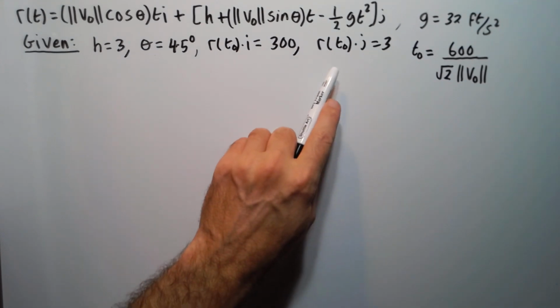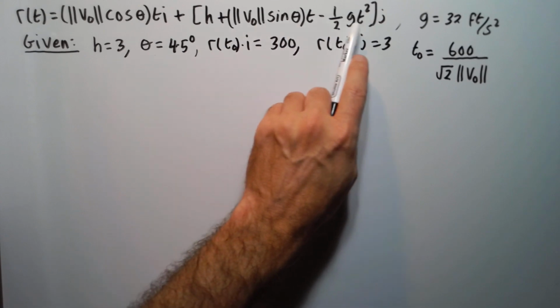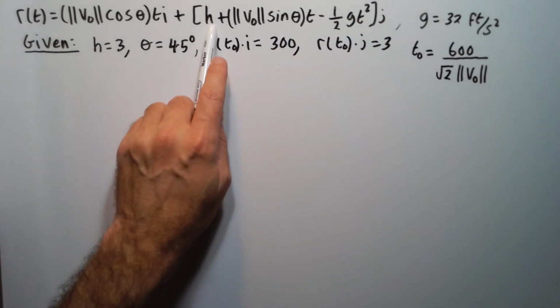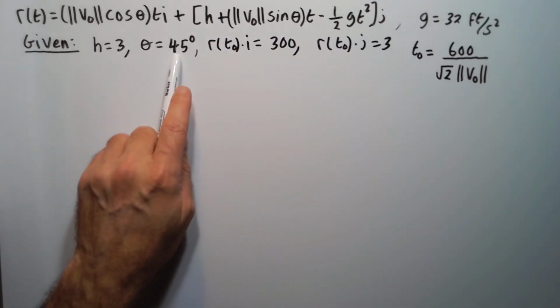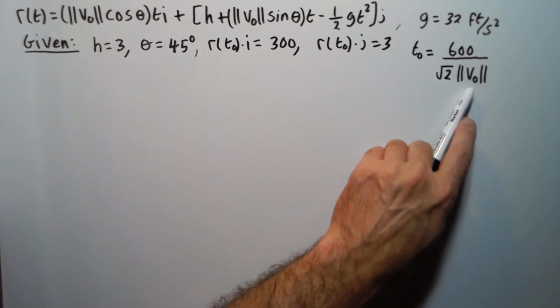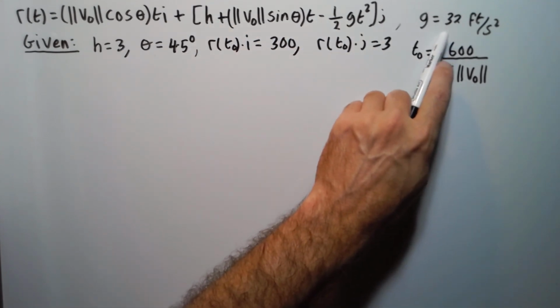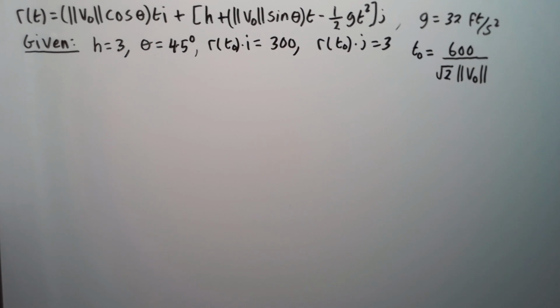Okay, we're going to use now that r of t0 dotted with j is 3. So this j component needs to equal 3 with h being 3, theta being 45, and t0 being 600 over square root of 2 times the initial speed. So let's make those substitutions up here. And g being 32. Okay, let's do that.